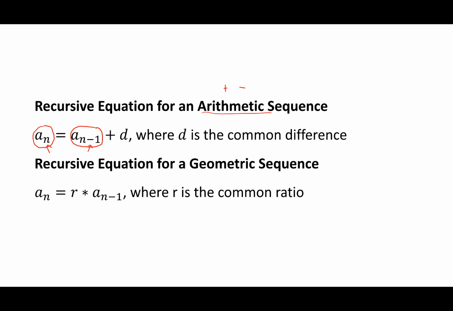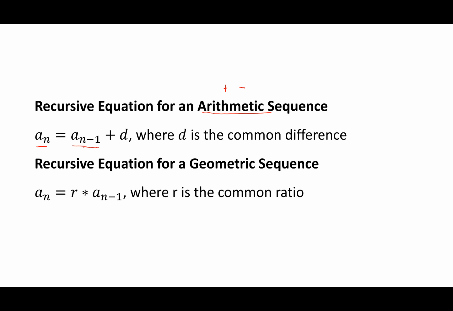So what this is saying is to find the nth term of the sequence, go to the number before it, and just add the common difference. Okay, but we are using our function to define our function. Now that is how arithmetic sequences are going to work. We're just going to add that common difference to whatever the previous number had been.